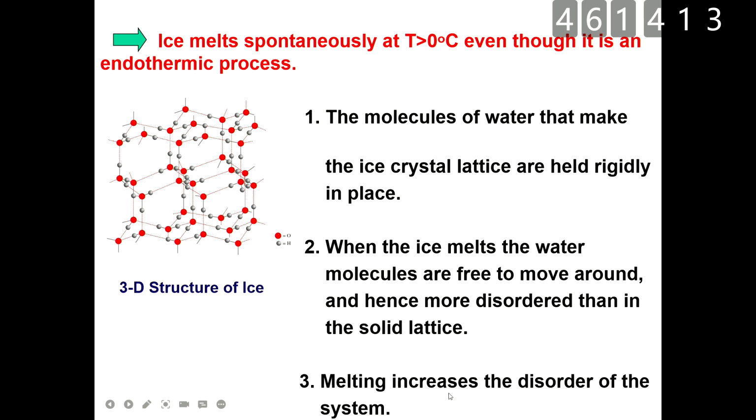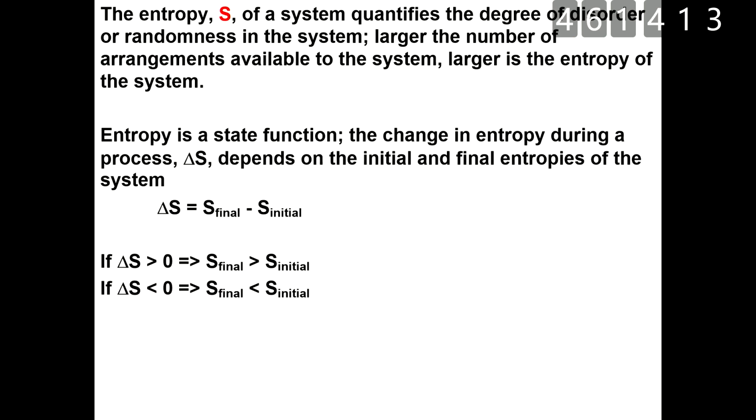So melting increases the disorder of the system. So this process can be spontaneous because its disorder increases. Okay, so that's all today, and we will continue this chapter next week.